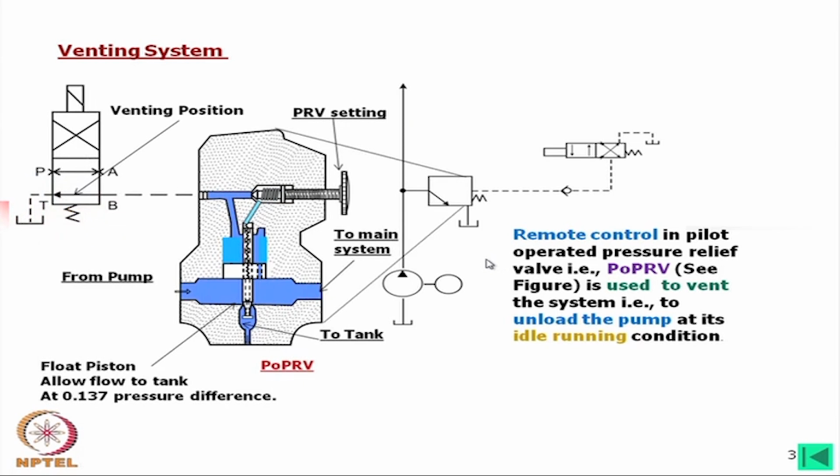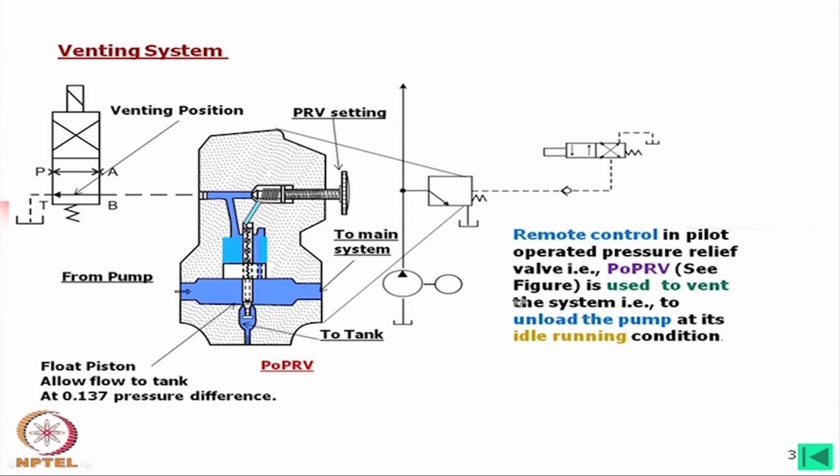In more detail, the inner construction of this valve, which is being used for venting, which is a pressure control valve, almost the function is like a pressure relief valve, and it looks like this.